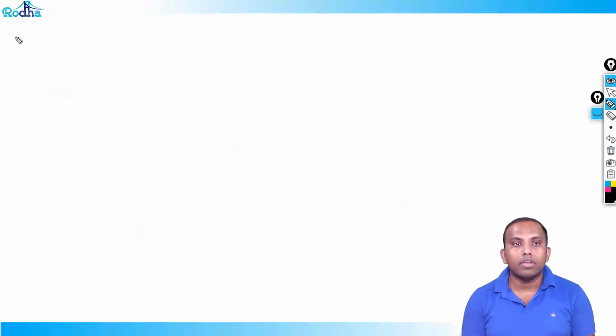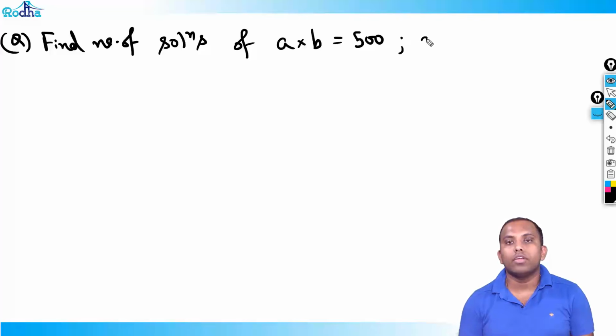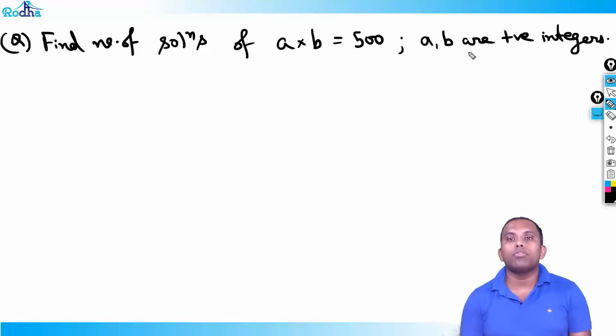Okay, so let me give a question on this. Find the number of solutions of A into B is equal to 500, where A, B are positive integers, right? So in this case, it is given positive integers.